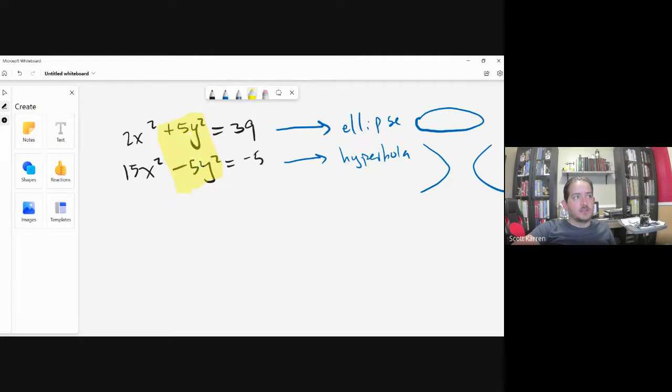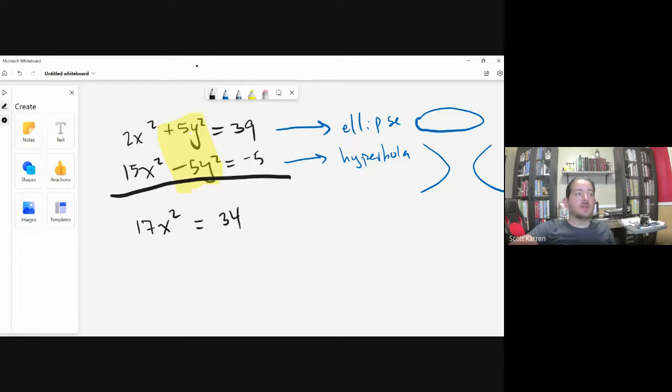I've got a plus 5y squared and a minus 5y squared here. I can use that elimination method simply by adding the two equations together. So if I have 2x squared, 15x squared, that gives me 17x squared. The y's are canceled. So this equals 34.